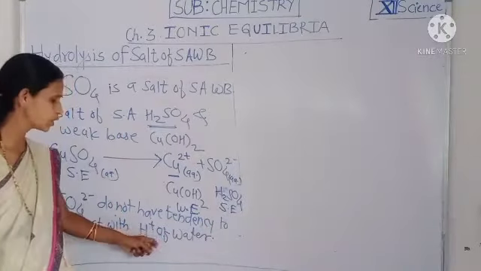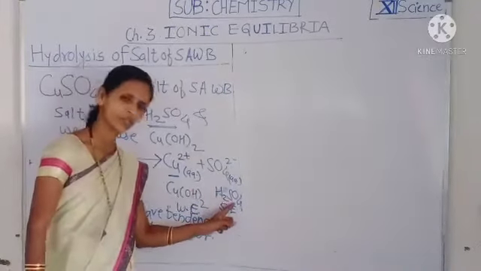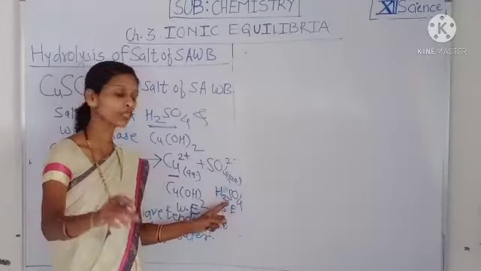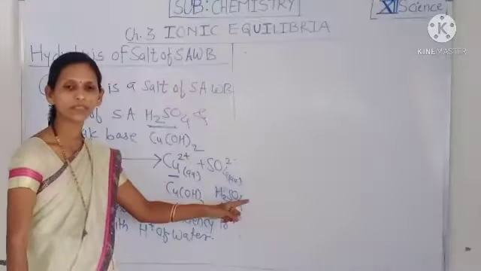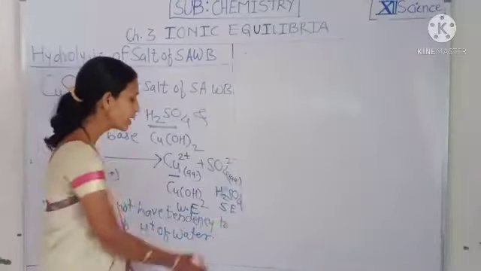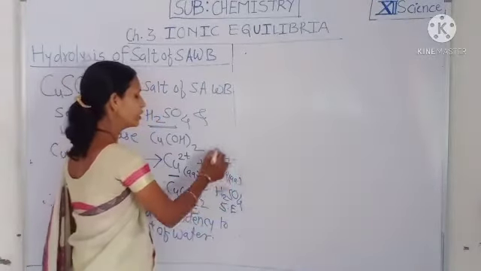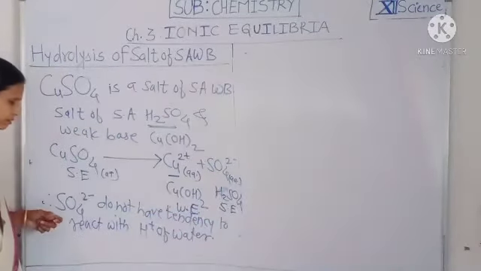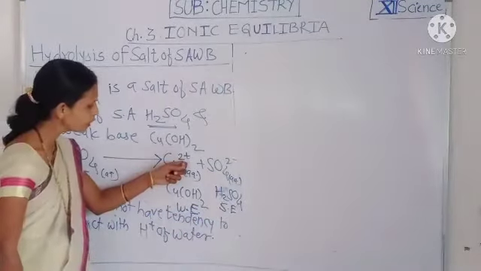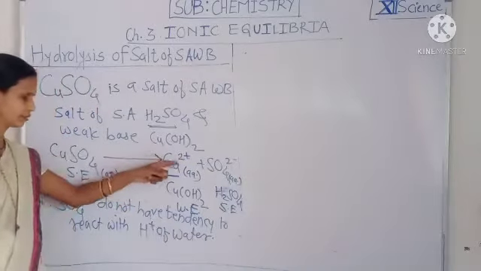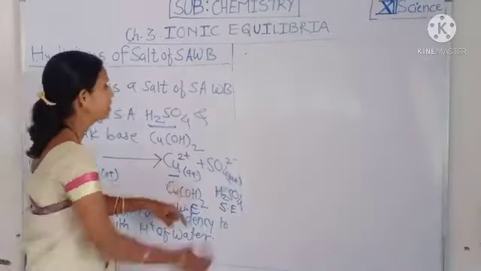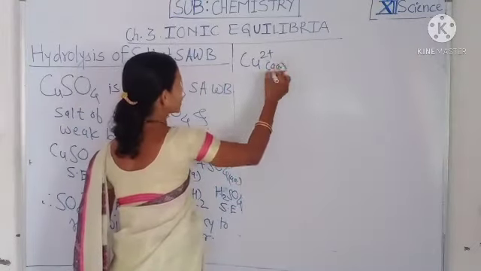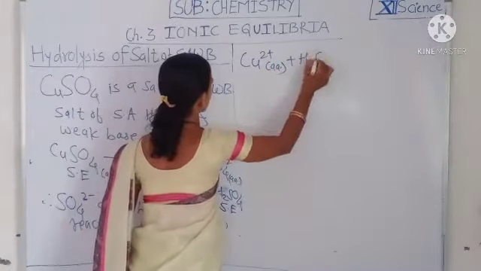If it reacts with the H plus ion of water, then it gives the strong acid H2SO4, but H2SO4 is a strong acid or strong electrolyte. Therefore, again it dissociates into SO4 2 minus and H plus ion. Then the Cu2 plus ion of that salt has a tendency to interact with water.